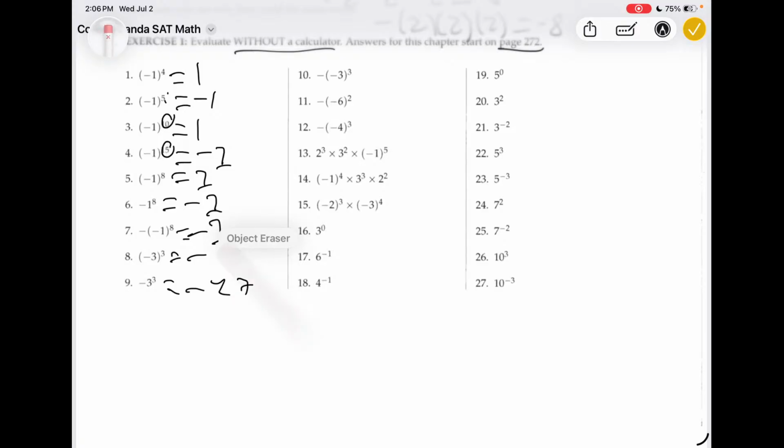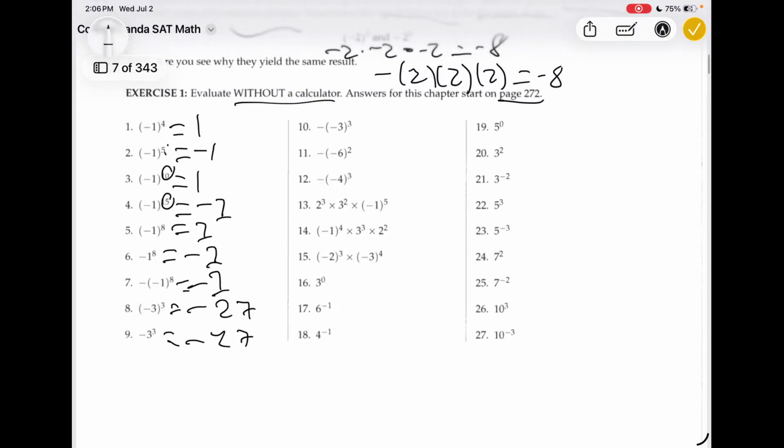I guess we can also write 27 here. Let's keep going here. Negative, so this makes it negative 27, and then another negative on that makes it positive 27, I think.